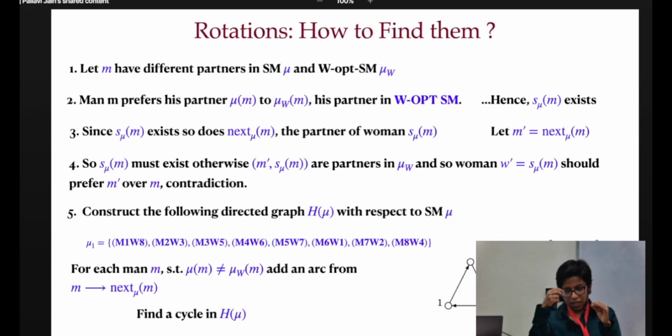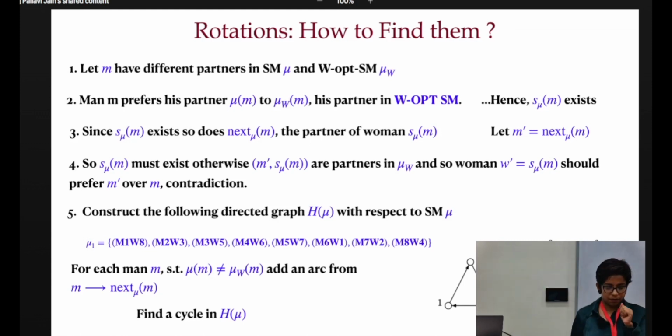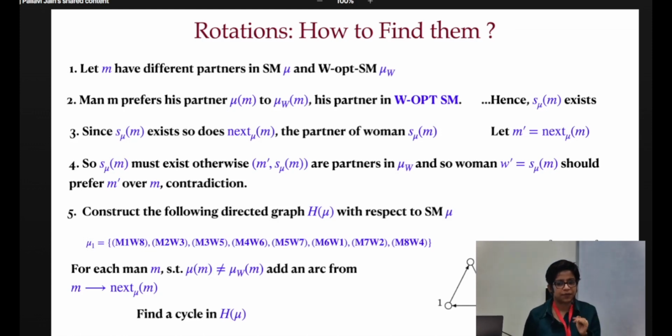Now let's take a step backwards. Can the same matching pair participate in multiple rotations? For example, suppose M0 and W0 are matched in some matching mu.